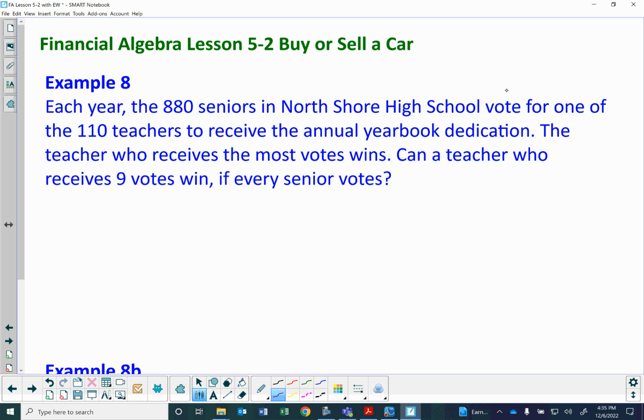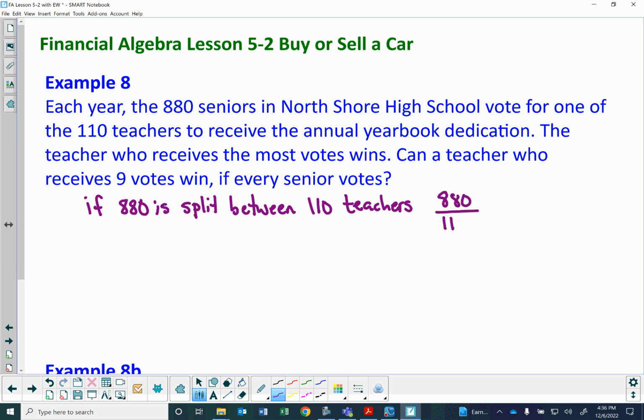There's 110 teachers. If 880 is split between 110 teachers, we'll take 880 divided by 110, you will get 8 votes.